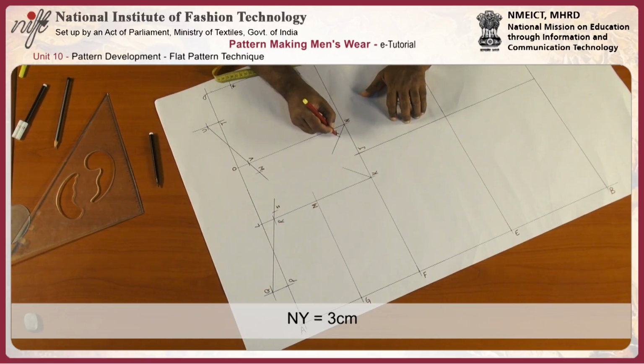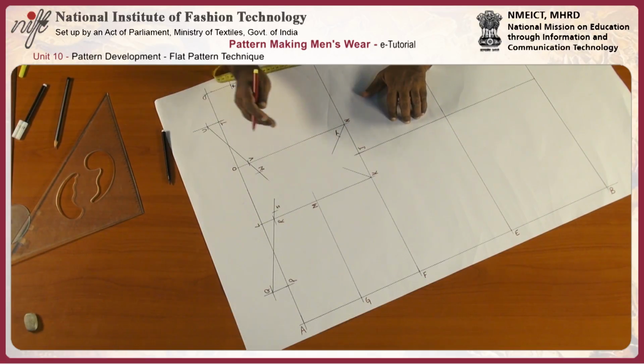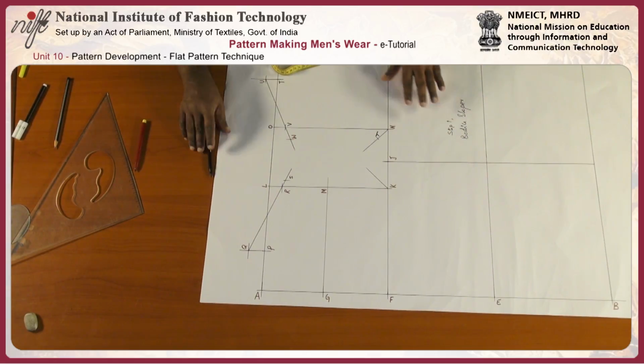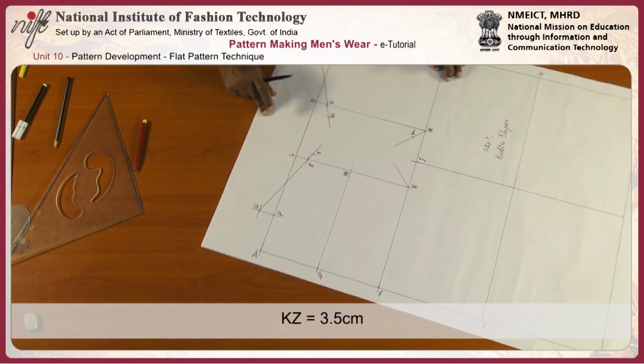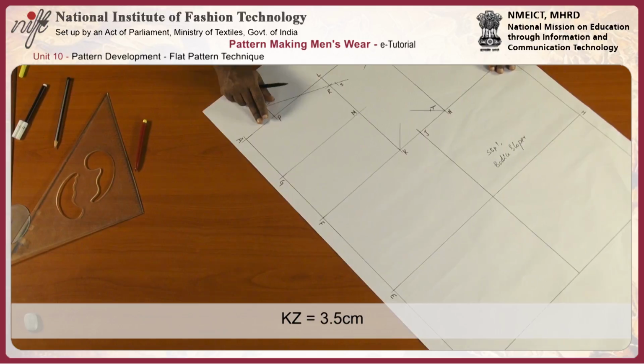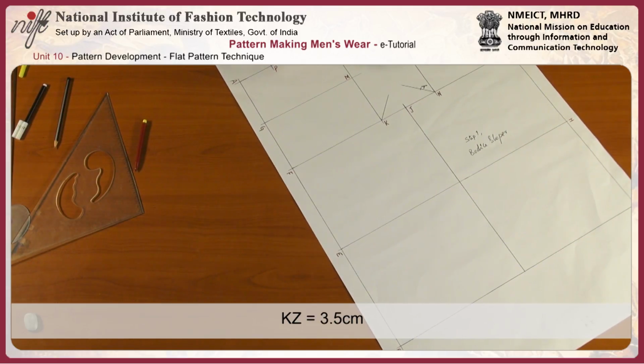It's point Y. From K to Z, XYZ will be 3.5 centimeter.